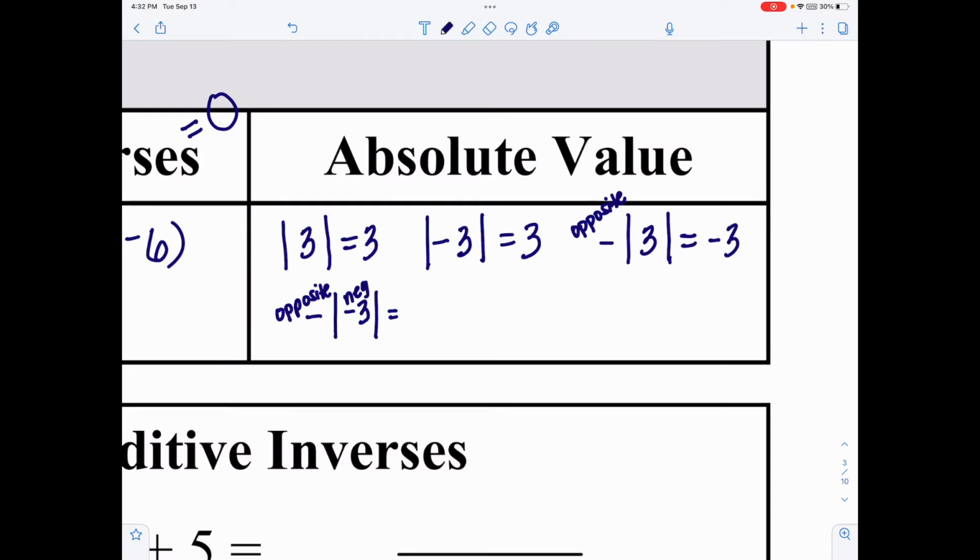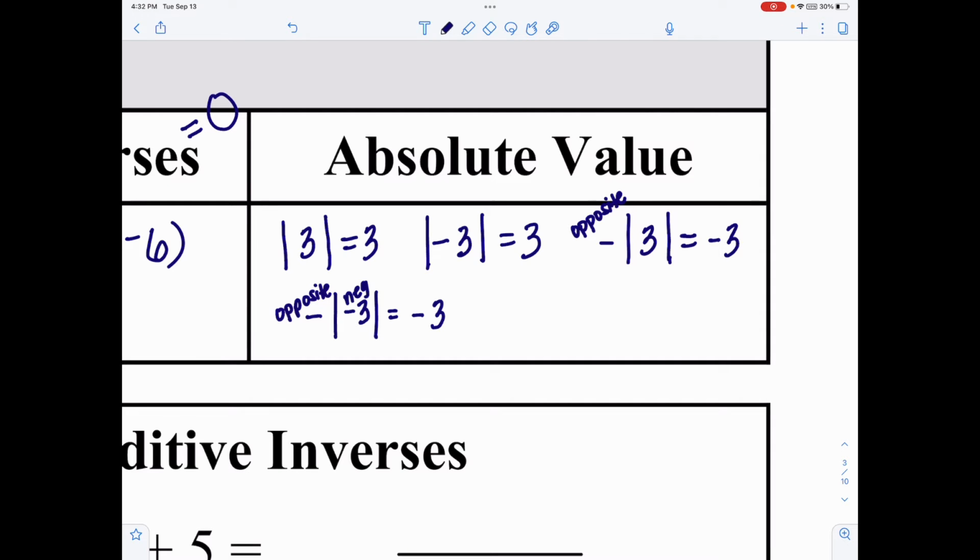First of all, if I'm negative 3 under, how far am I away from 0? Well, I'm 3 away from 0. So what's the opposite of that now? The opposite is negative 3. So that's your only way that you can pull off getting a negative when you see absolute values, is if that negative or opposite sign is outside of it.